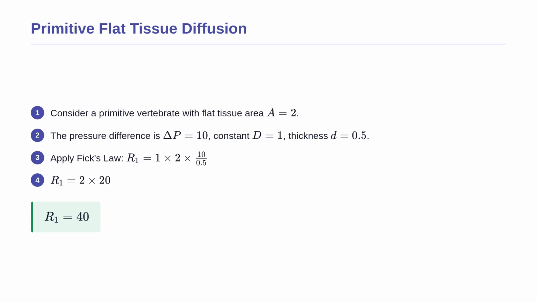We chose Fick's law because it directly calculates this rate. By plugging our given values into the equation, we multiply 1 by 2 and then by 10 divided by 0.5. This gives us a final rate of 40 units of oxygen per minute. This low rate means the animal must remain slow and inactive to survive.